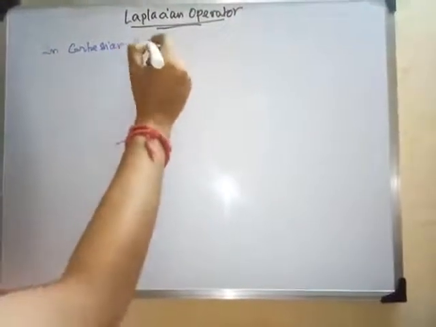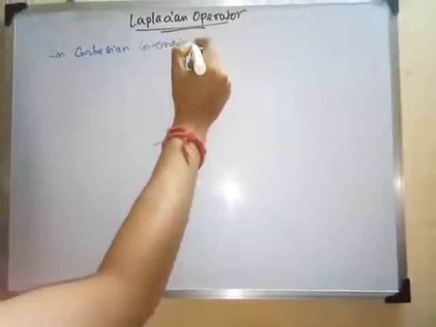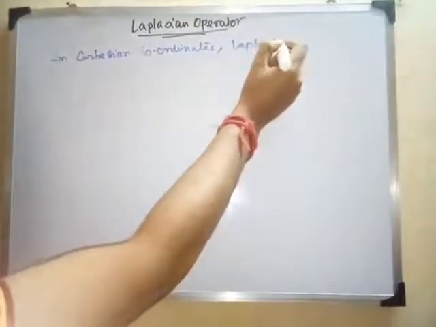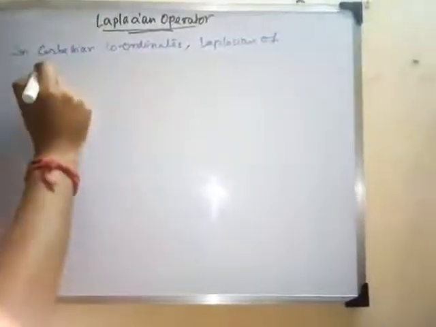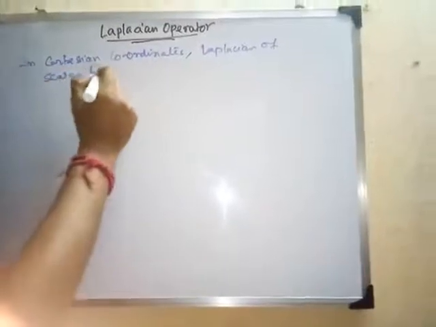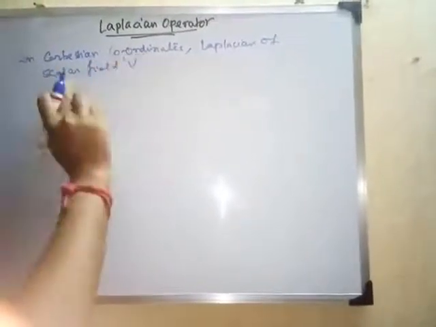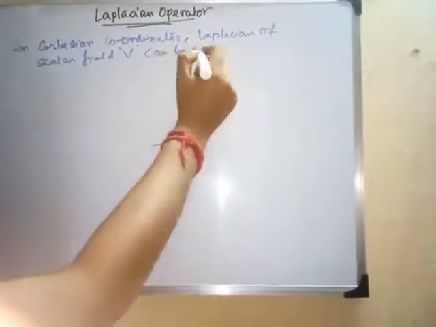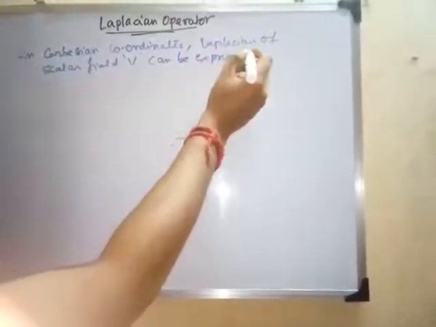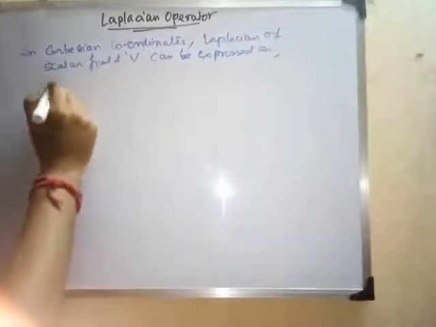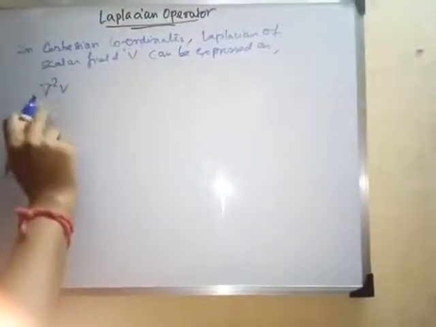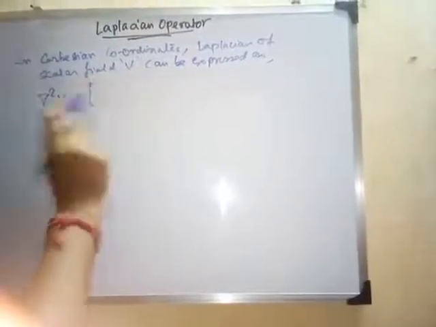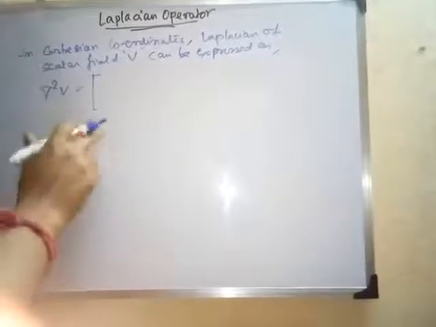So in Cartesian coordinates, the Laplacian of the scalar field V can be expressed as del square V. This is actually the divergence of the gradient of V.